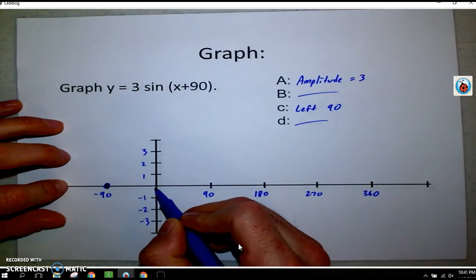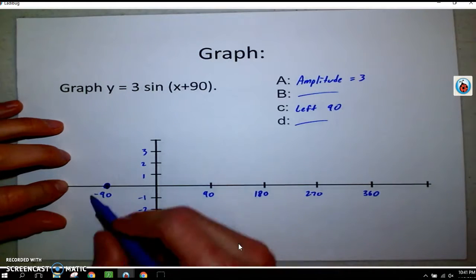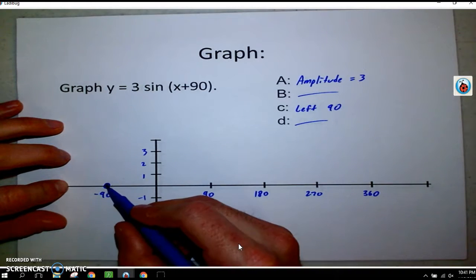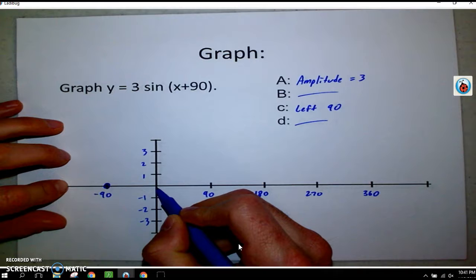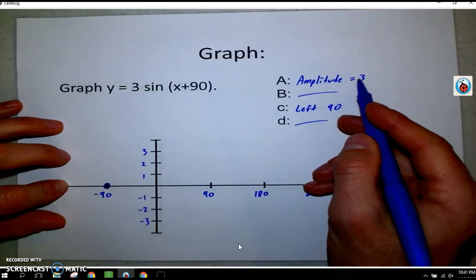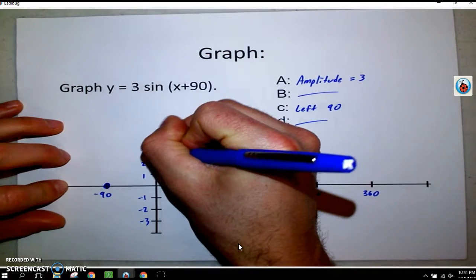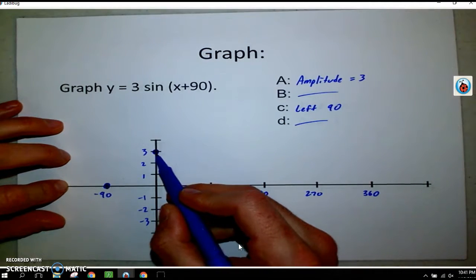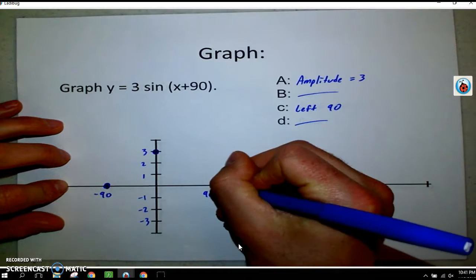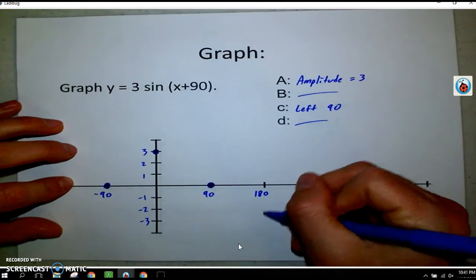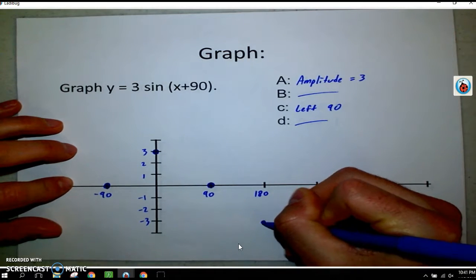Now, my next point is going to follow that sine path, like this, all right? But instead of going right 90 and up 1, I do need to adjust for my amplitude of 3. So I will go up 3 units right there. And then as I travel 90 more degrees, I'll go back down to 0. At 180, I go down to -3.